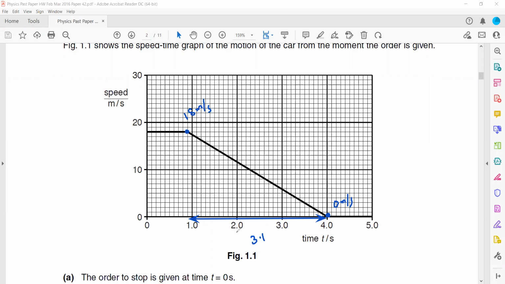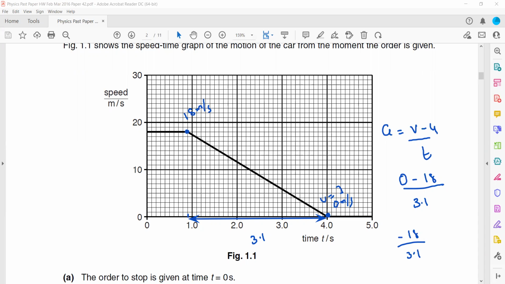To calculate acceleration or deceleration, the formula is the same: change in velocity divided by time. The final velocity is 0, the initial velocity is 18, and it took from 0.9 to 4, so about 3.1 seconds. So it will be minus 18 divided by 3.1.